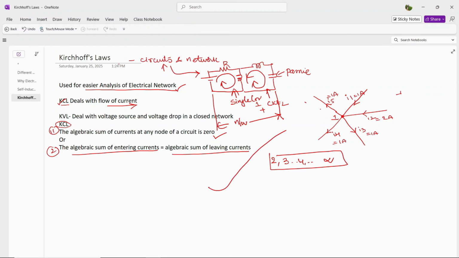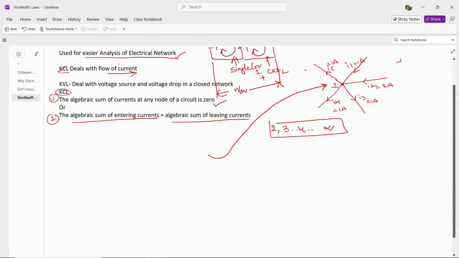Now let us apply Kirchhoff's current law at node 1. What are the entering currents? I1 current is entering and I2 current is entering. And what are the leaving currents? I3 current is leaving, as well as I4 current and I5 current.